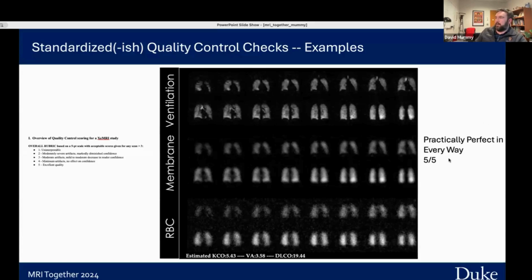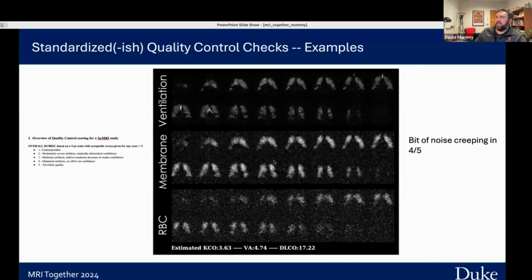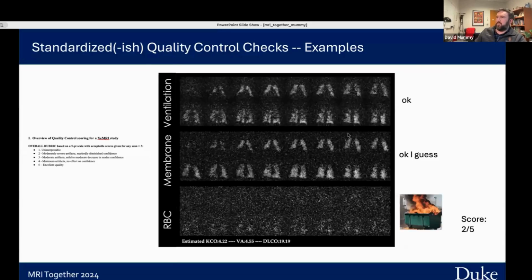So this is a Mary Poppins, practically perfect in every way. And then here we see a little bit of noise creeping in. The RBC is getting a little dodgy, but for an RBC signal, that's not too bad. And then here we've got a lot of noise. This one's okay, I guess. And this is just a dumpster fire. So this one got down to a 2.